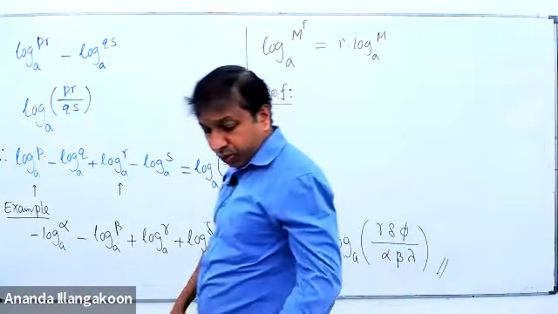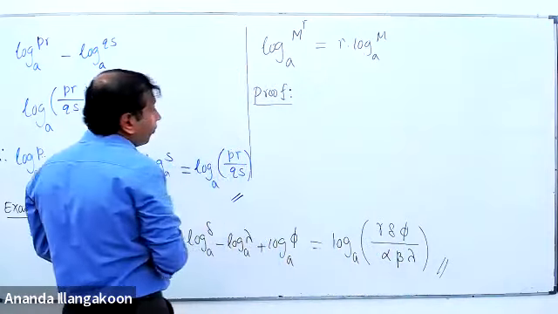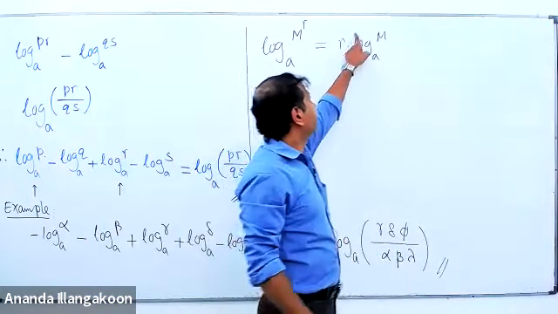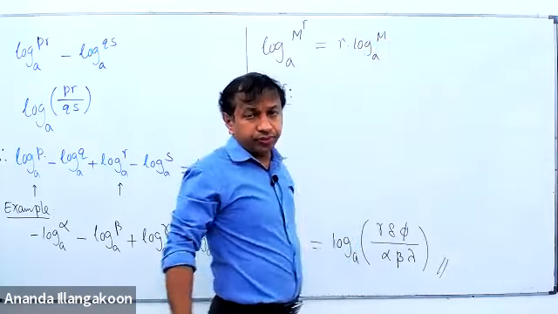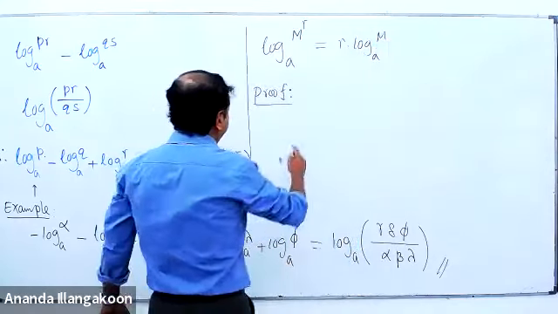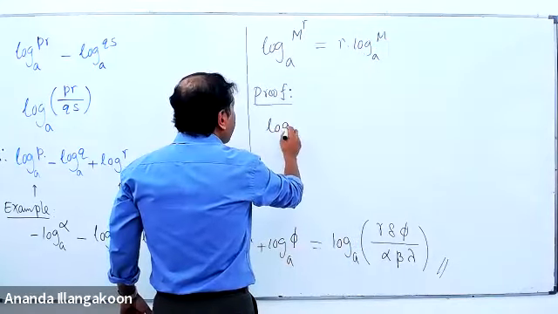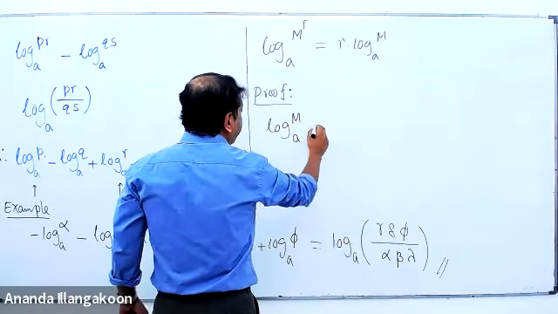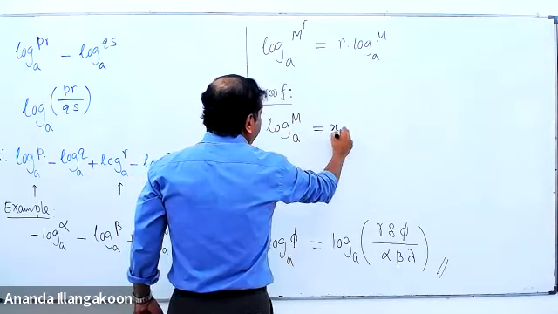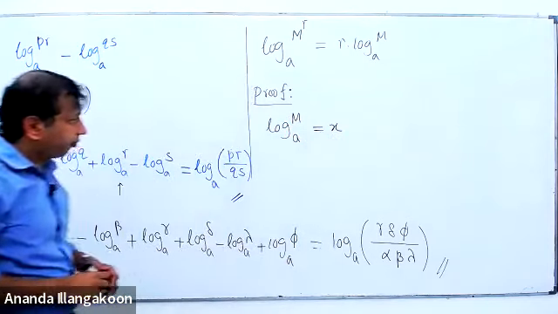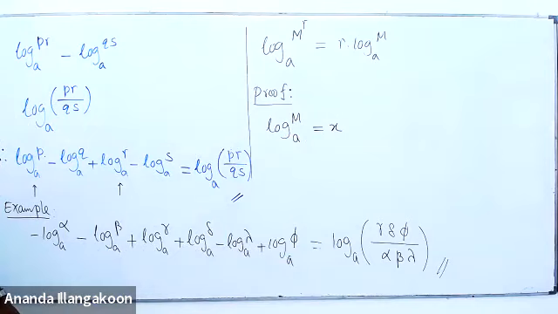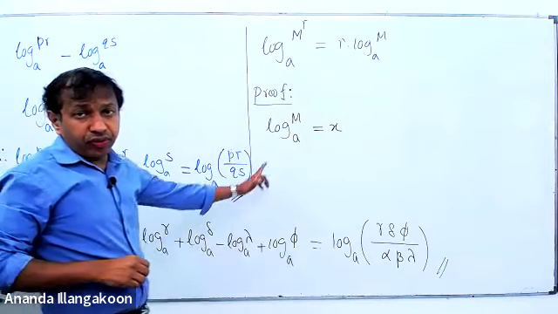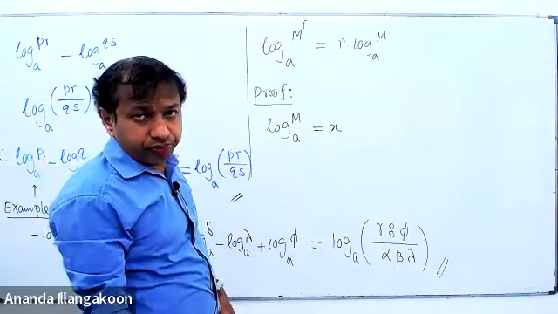Right. This time the proof is done like this. I'm going to take this log term, log m to the base a, and take its value as x. Now we convert this to index form.